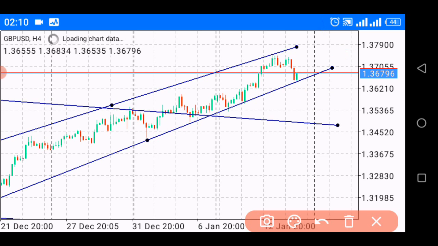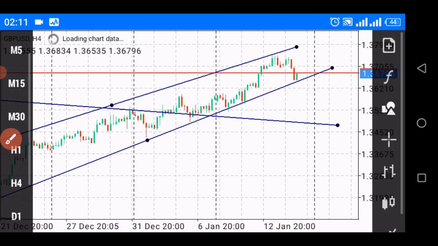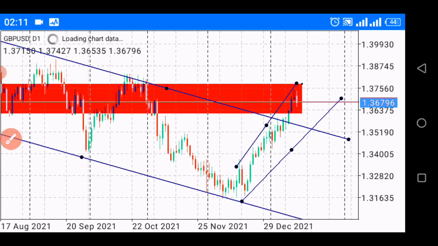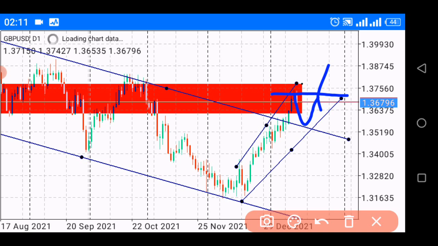But what if it breaks it like this, and we have something like this in the 1 hour? Then we will be looking for candlestick confirmation, either for breaking out, or for retracement, or for rejection.